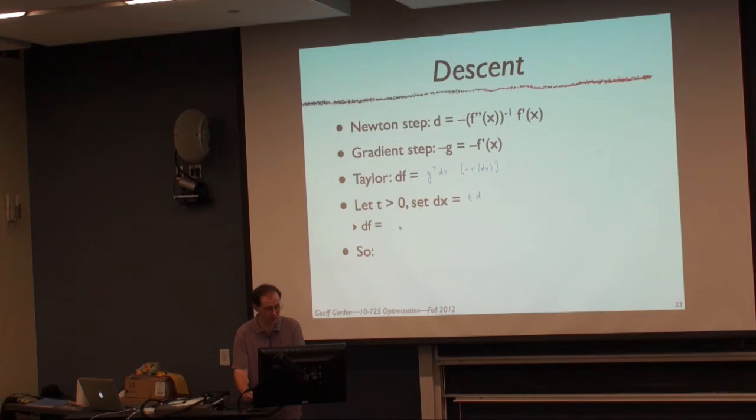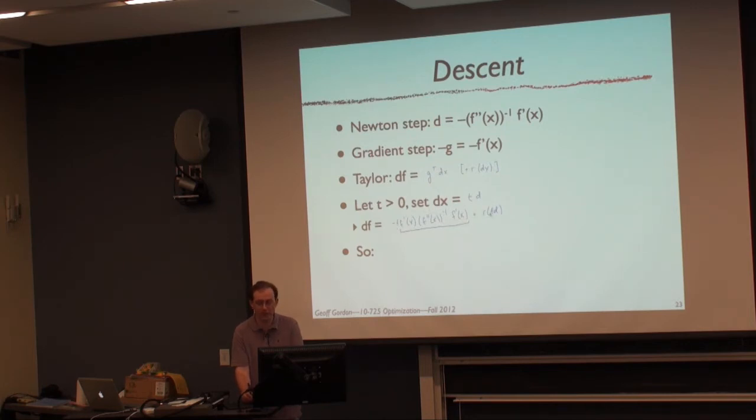so df is equal to the gradient, right? So that's f prime of x times d, which is minus t times f double prime of x inverse f prime of x, plus then the residual of t d, right? And so if t is small, and if this thing here is positive, then I can get a decrease, right?